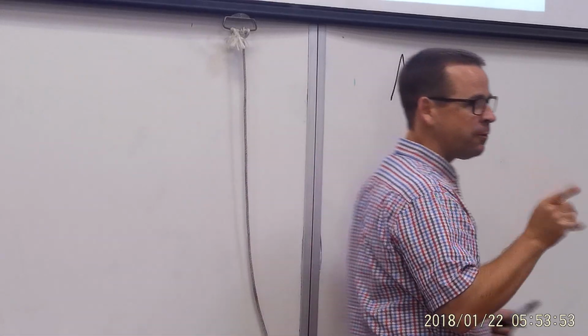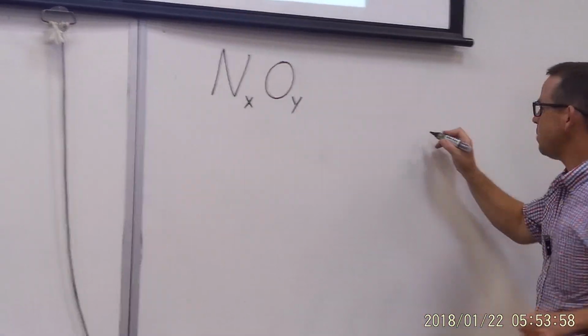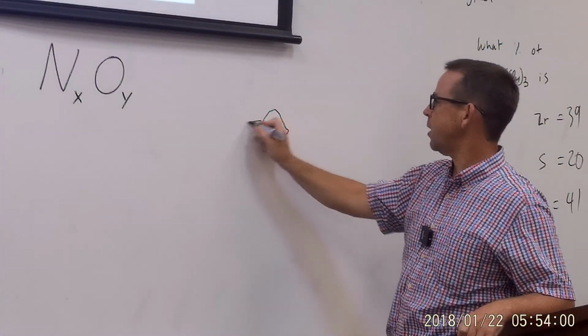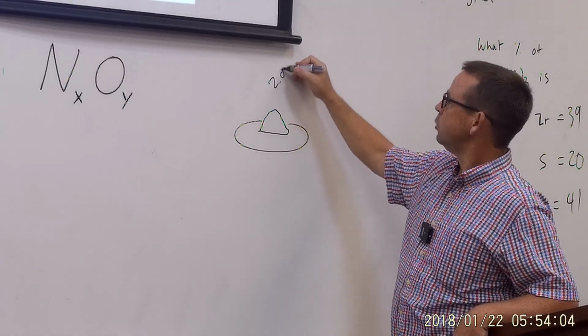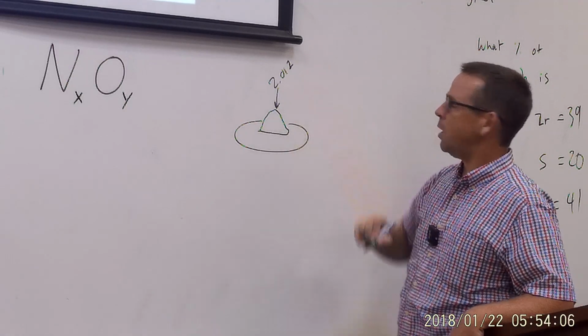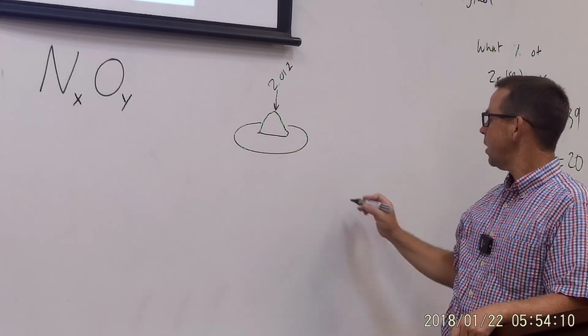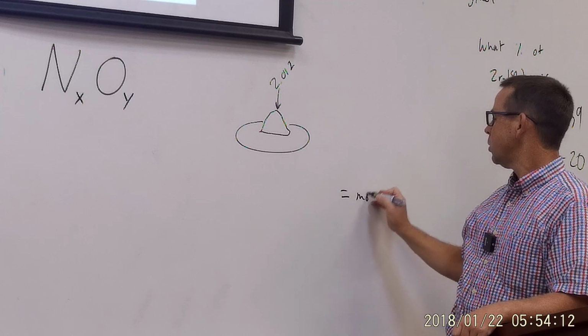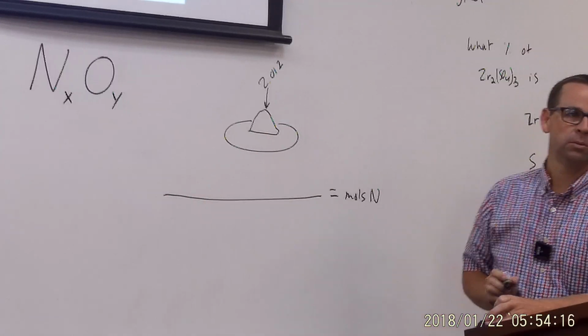But I can find out from this information, and here's my pile of theoretical stuff, right? How many grams do I have? 2.012 grams of that stuff. I can, from the information that's there, identify how many moles of nitrogen there are in that sample.